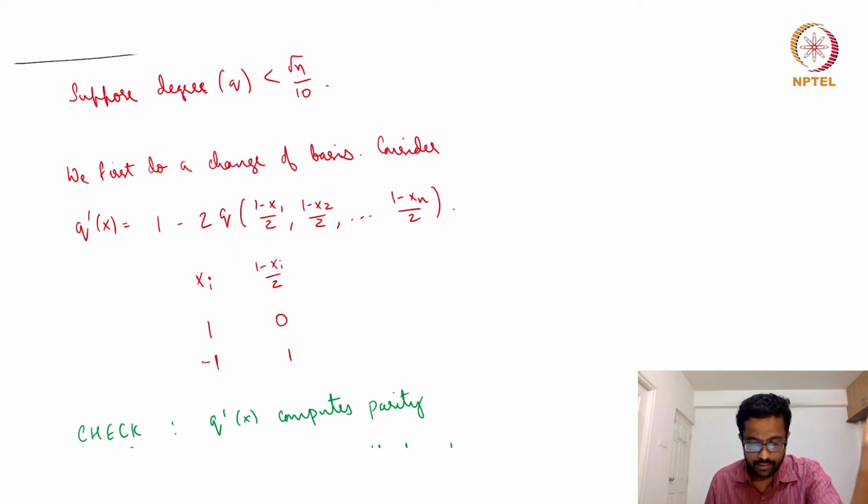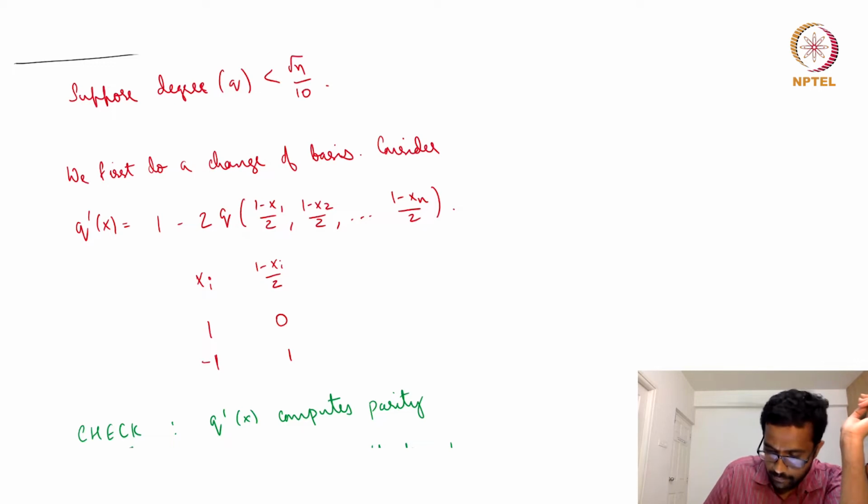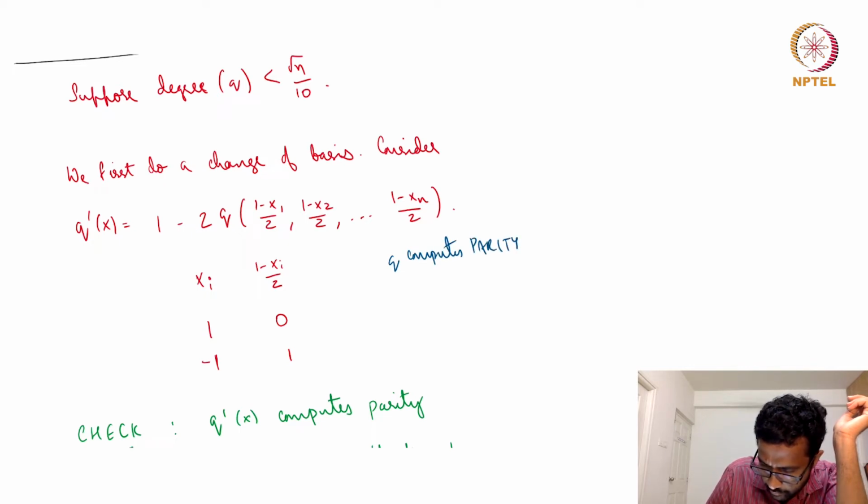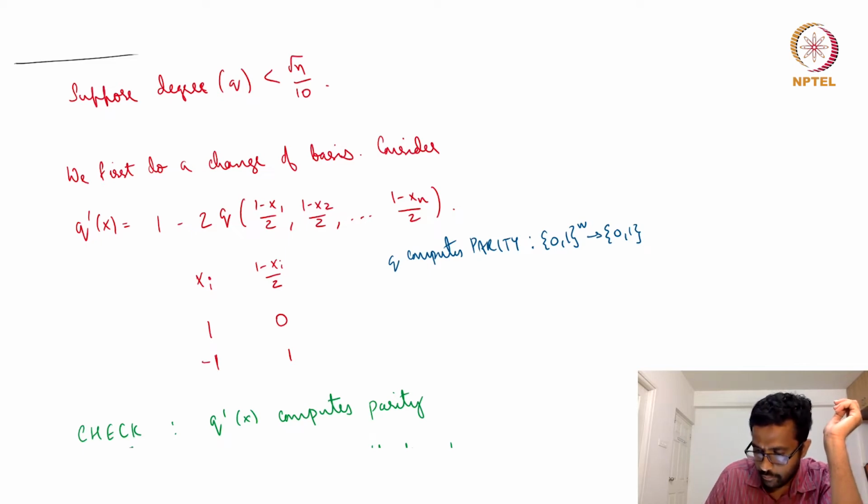So what have we done here? I'm sorry, Q computes parity on Boolean inputs, right? Maybe I'll write over here: Q computes parity on Boolean inputs, the domain {0,1}^n.